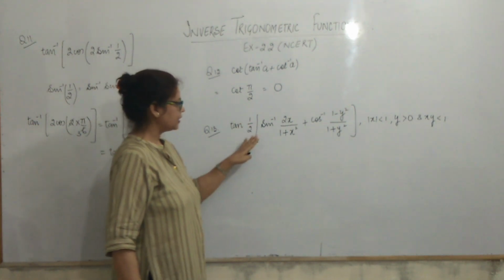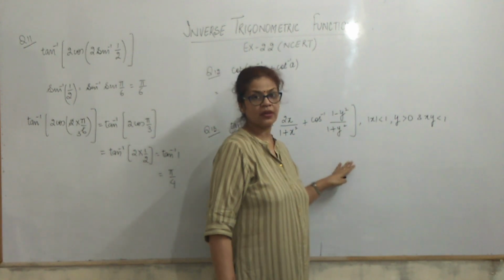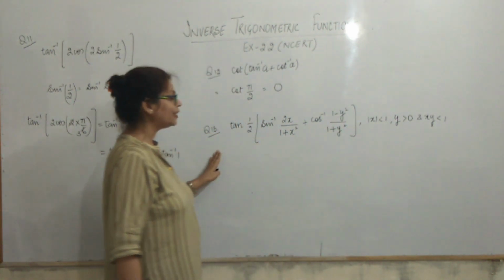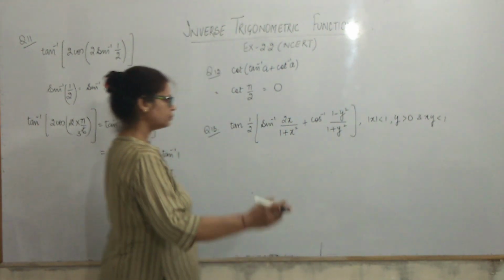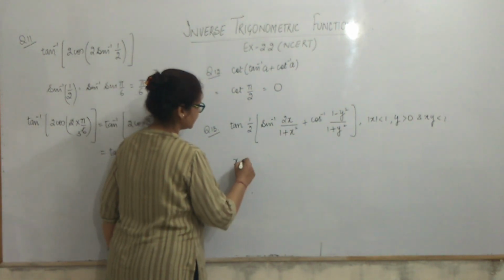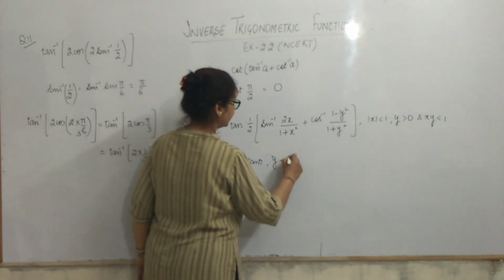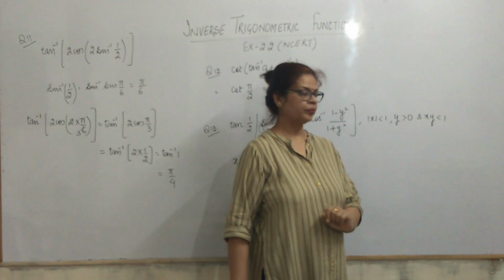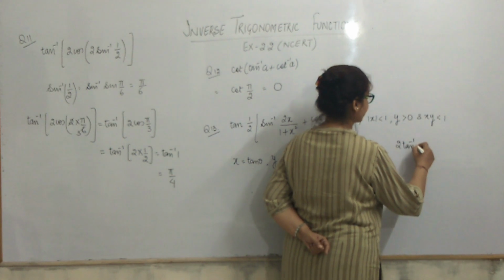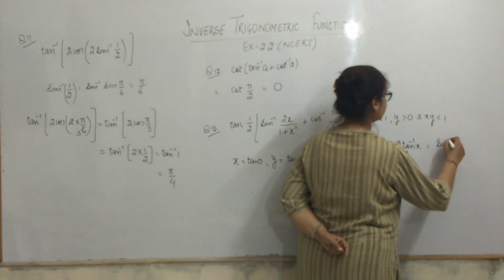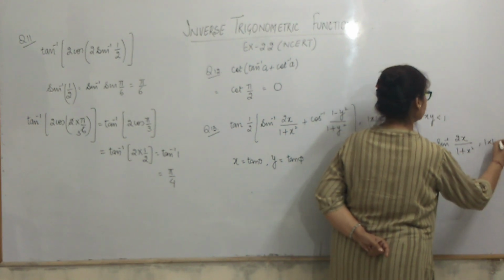Question number 13. Tan half of (sin inverse 2x upon 1 plus x square plus cos inverse 1 minus y square upon 1 plus y square). Very strange. This question is in terms of two variables, x and y. Then so what? We can do it. Put x is equal to tan theta and y is equal to tan phi. You remember there were three formulas. Let us revise once again. 2 tan inverse x is equal to sin inverse 2x upon 1 plus x square when mod x is less than 1.